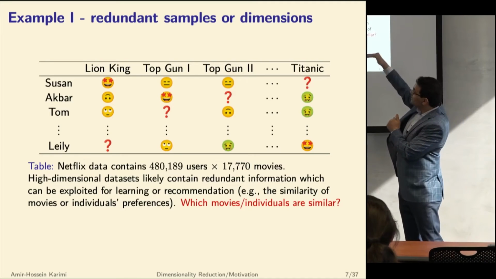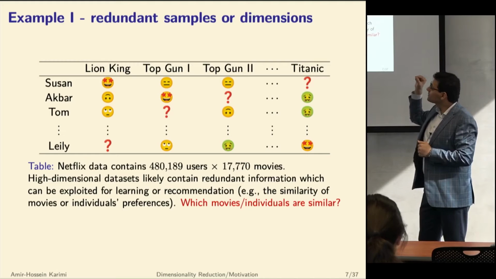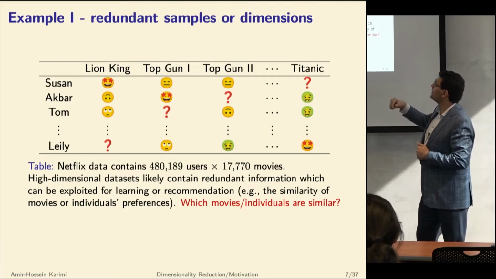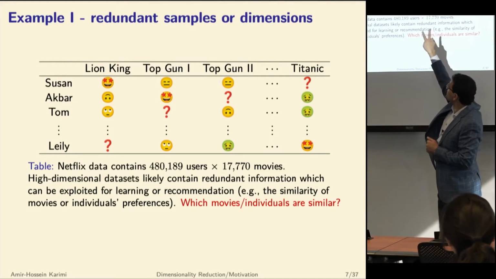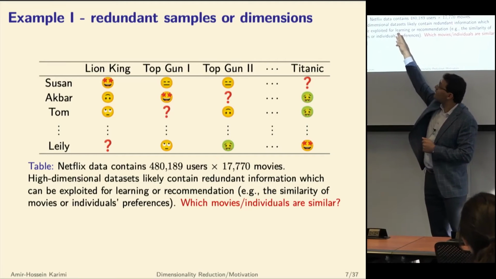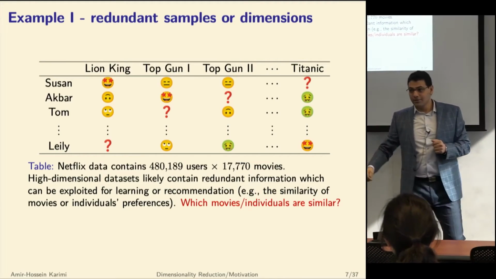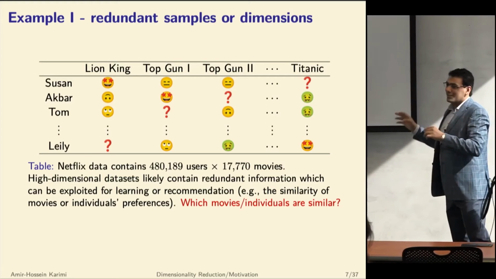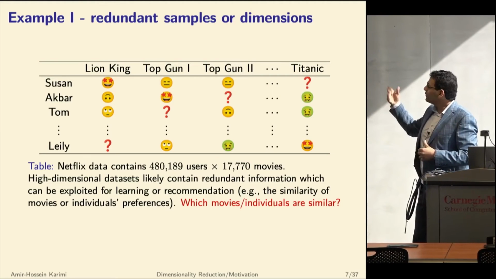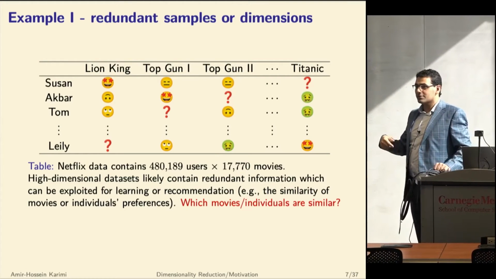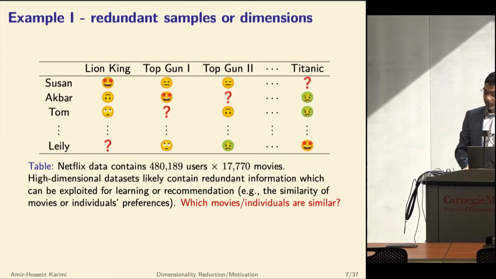And we can see that maybe because of the similarity between different individuals, like Susan and Layli, because we know that they had similar responses to Top Gun, then maybe we can predict how Layli would like something like Lion King. And so large data, even though we have missing data, gives us the ability to make inferences about other parts that we are not so sure about.